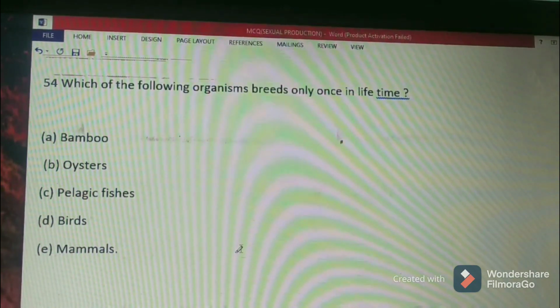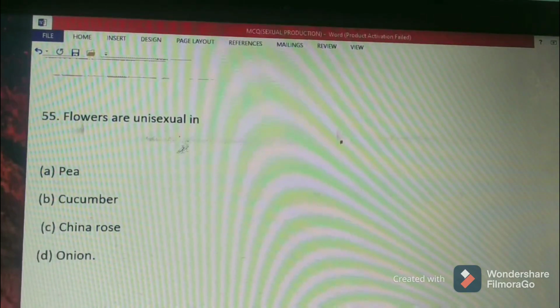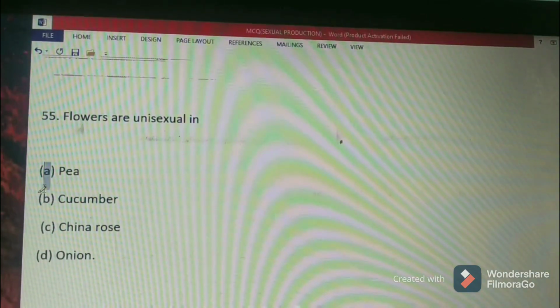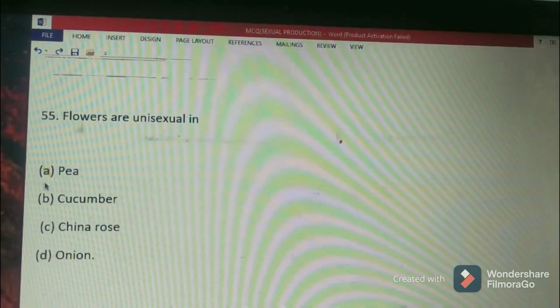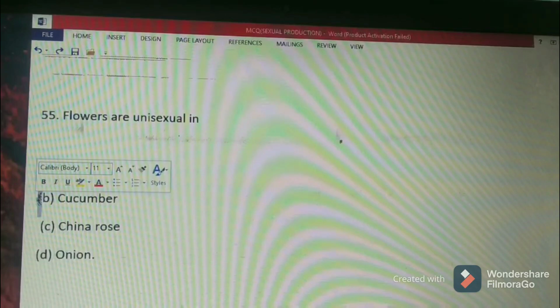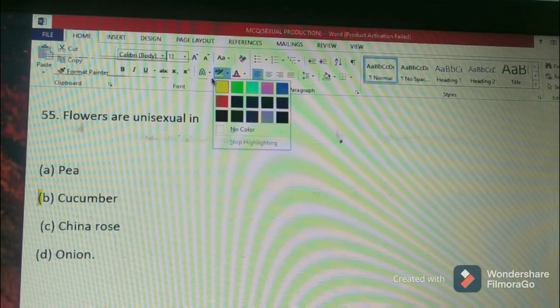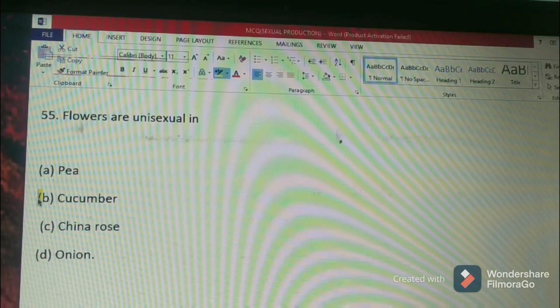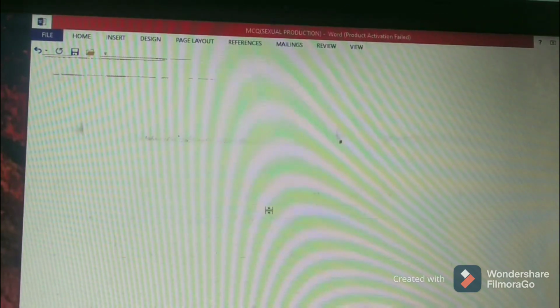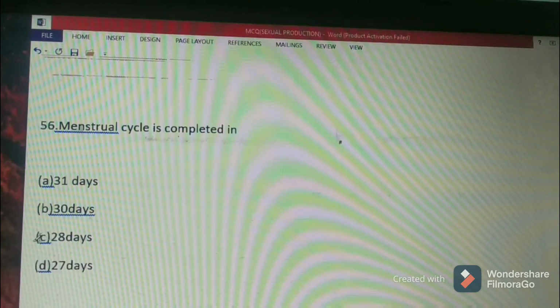Which of the following organisms breed only once in lifetime? Bamboo. Flowers are unisexual in cucumber. Menstrual cycle is completed in 28 days.